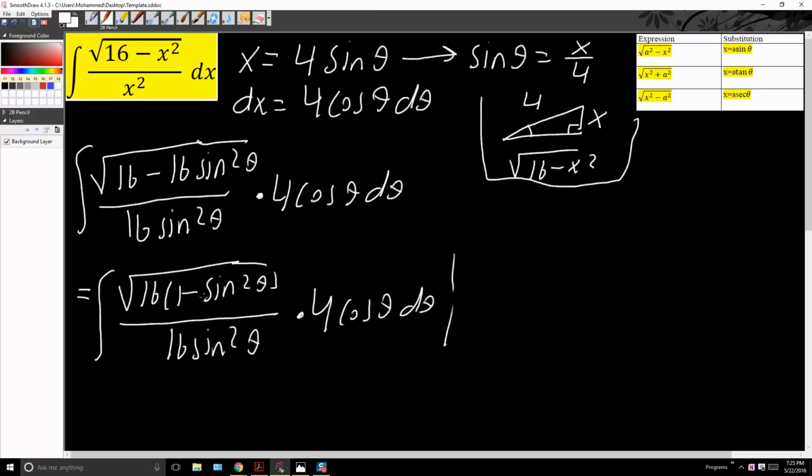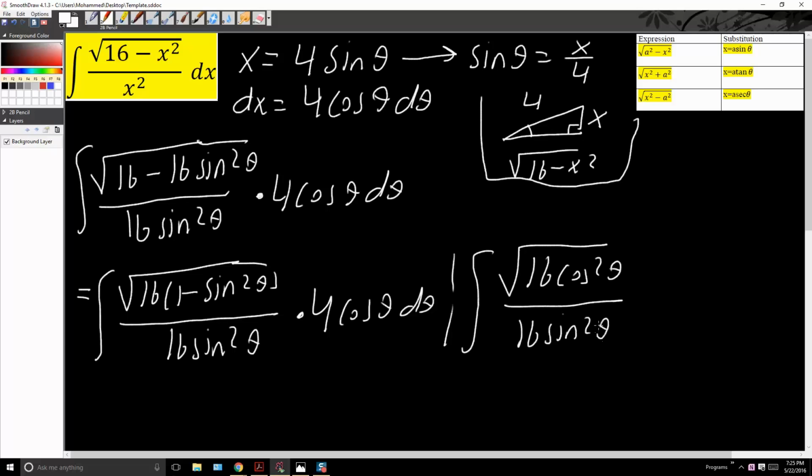So we know that 1 minus sine squared theta will be cosine squared theta. So we'll change it up. So we'll have a square root of 16 cosine squared theta divided by 16 sine squared theta. This term is still on the outside, so times 4 cosine theta d theta.